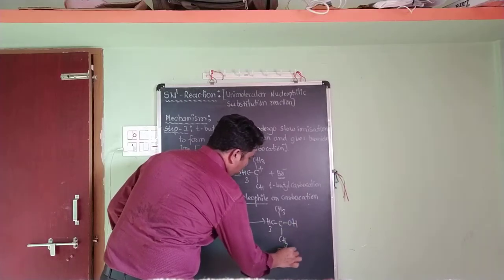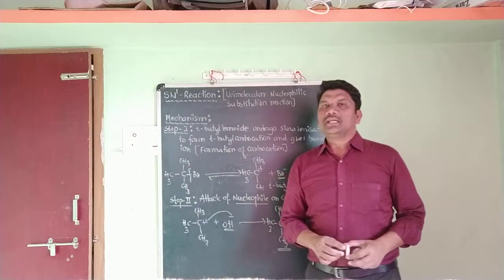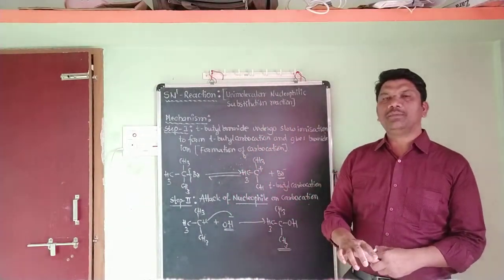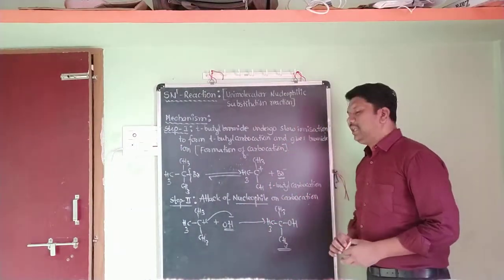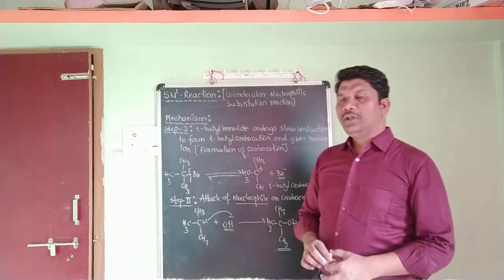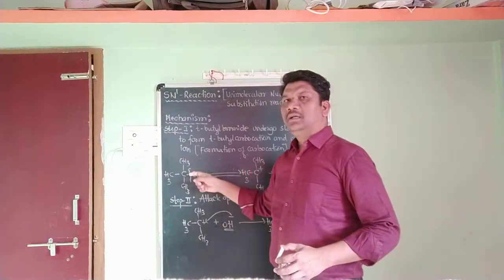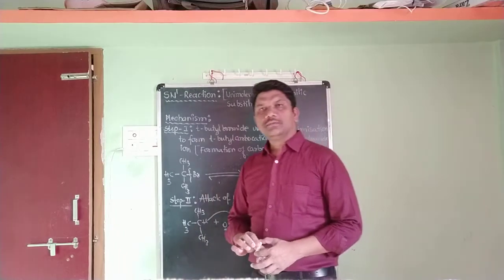This compound is called tertiary butyl alcohol. So the SN1 mechanism involves two steps. Step 1 is formation of carbocation, and step 2 is attack of nucleophile on carbocation. This is an example of nucleophilic substitution reaction, because the existing weak nucleophile, that is Br, is substituted by the strong nucleophile OH minus.